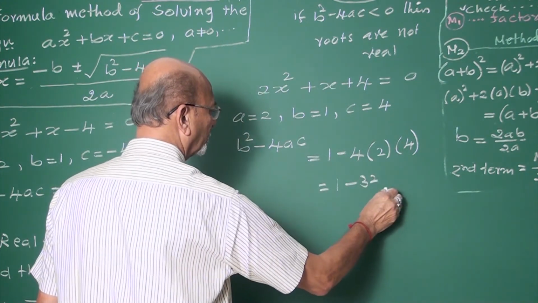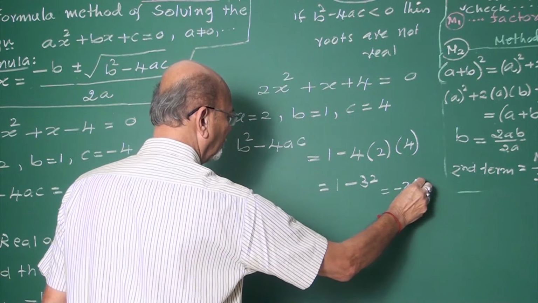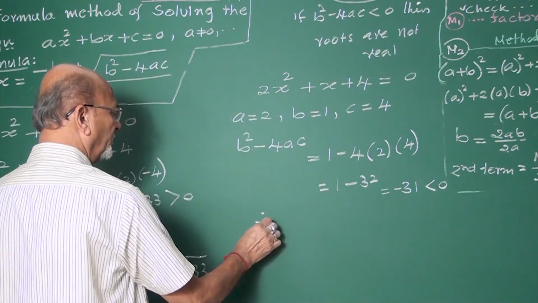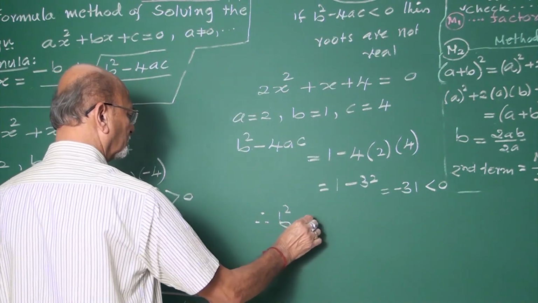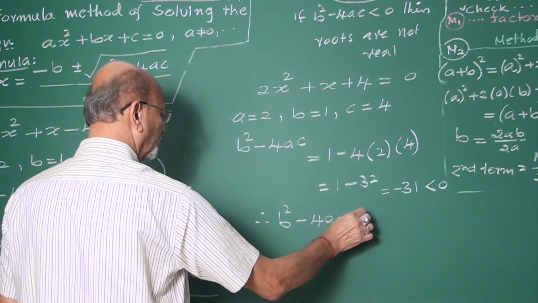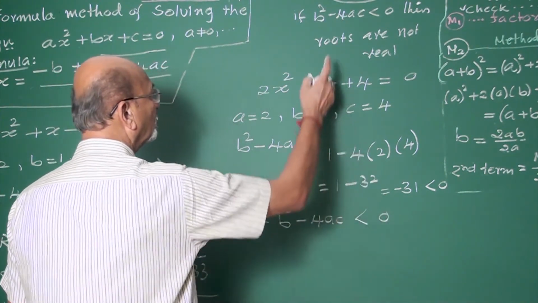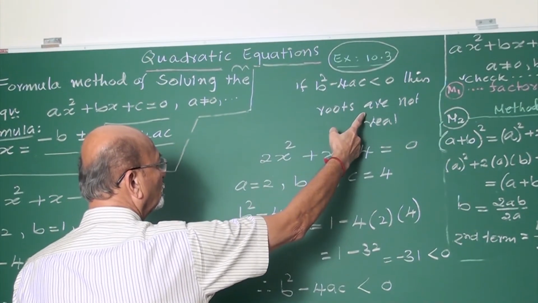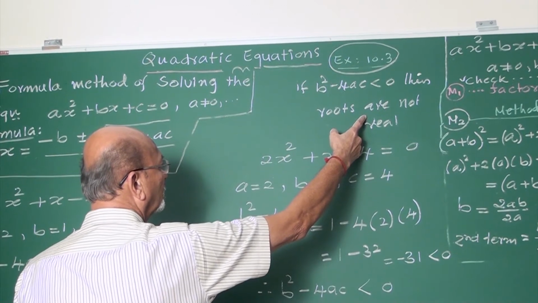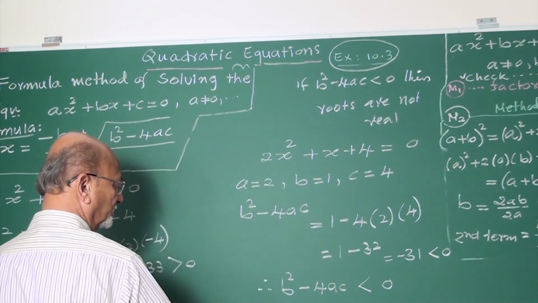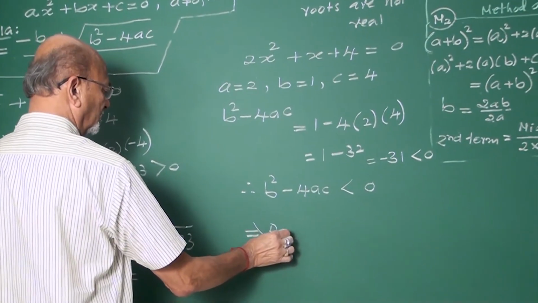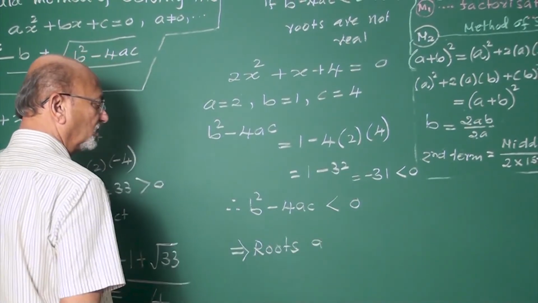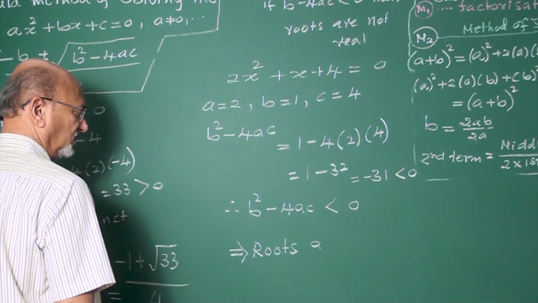What is this, my friend? Minus 31, negative. Therefore, b square minus 4ac is negative. When b square minus 4ac is negative, roots are not real. Means real root doesn't exist.